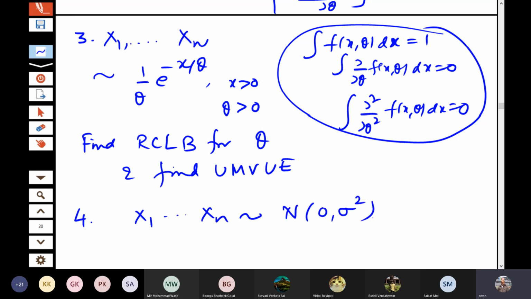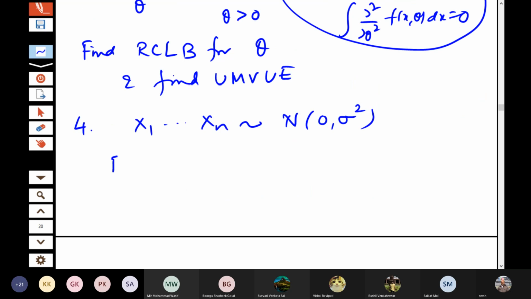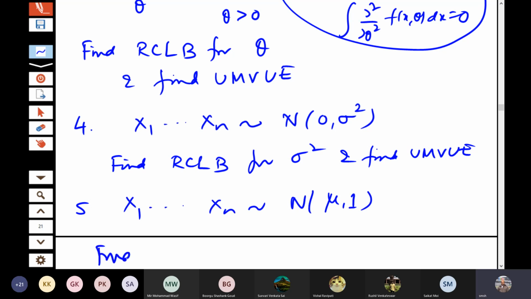I have changed the parameter here. Find the RCLB for σ² and find the UMVUE. And let X1, X2, ..., Xn follow normal(μ, 1). Then find the RCLB for μ and find the UMVUE.